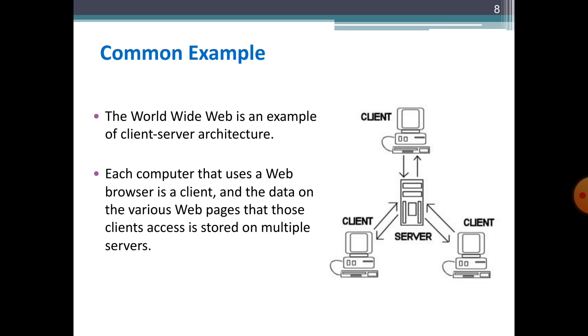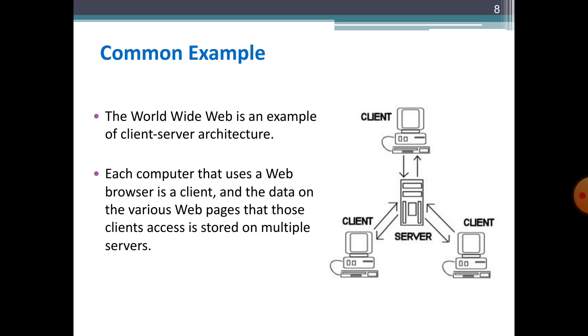So students, let's discuss some common examples of client server architecture. In this diagram you can see how a client can make requests to servers, etc. Let's discuss some more common examples. For example, the World Wide Web is the most common example of client server architecture.